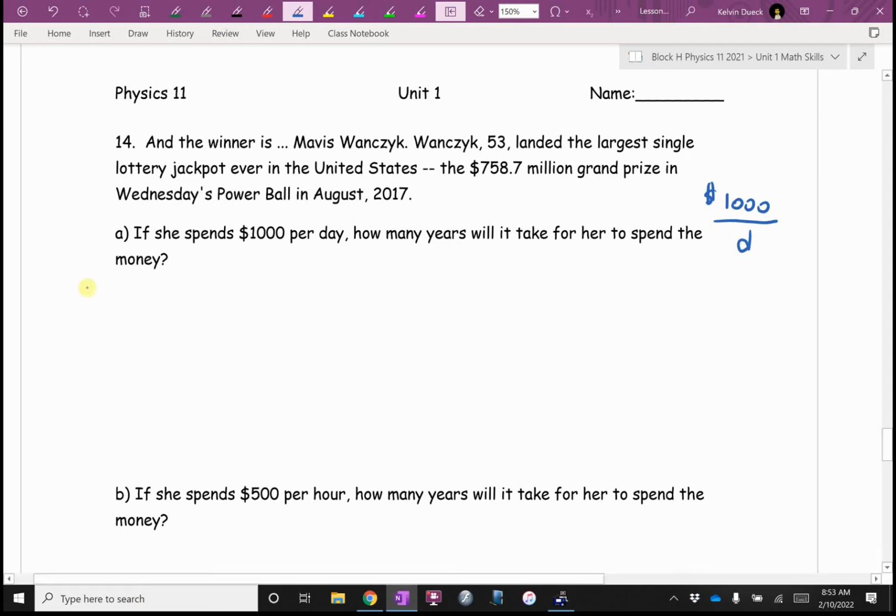They gave me 758.7 million. Casey, you know a good abbreviation for a million? I know that a million is 10 to the 6th, and that's a lot less writing than all those zeros. That's not proper scientific notation, but I'm not doing scientific notation. I'm just saving myself some writing.